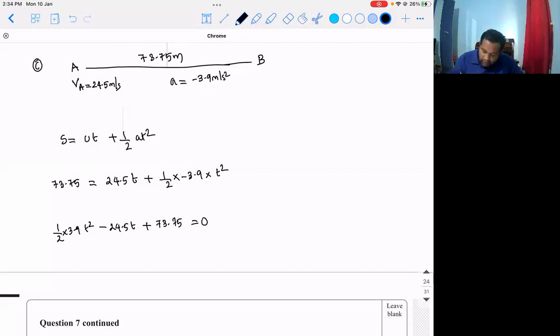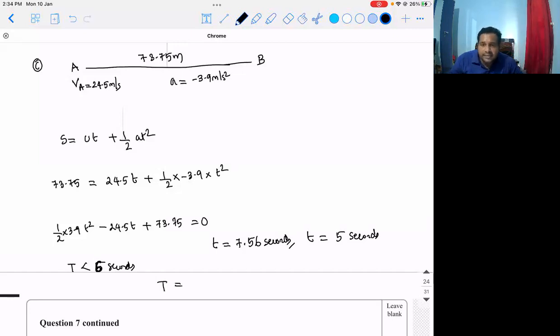So one value of T, we will get as 7.56 seconds. Another value of T, we will get as 5 seconds. Since T is less than 6 seconds, according to the question, we can neglect one value.